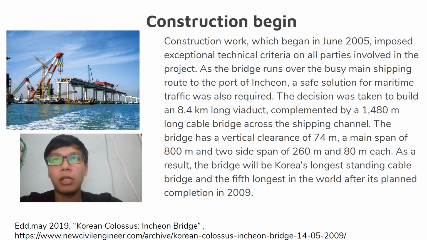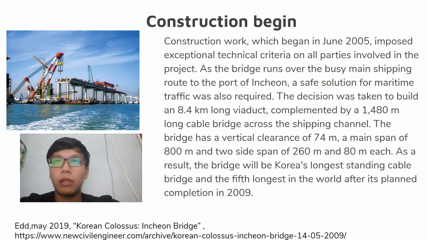As the bridge runs over the busy main shipping route to the port of Incheon, a safe solution for maritime traffic was also required. The decision was taken to build an 8.4 km long viaduct, complemented by a 1,480 meter long cable bridge across the shipping channel.